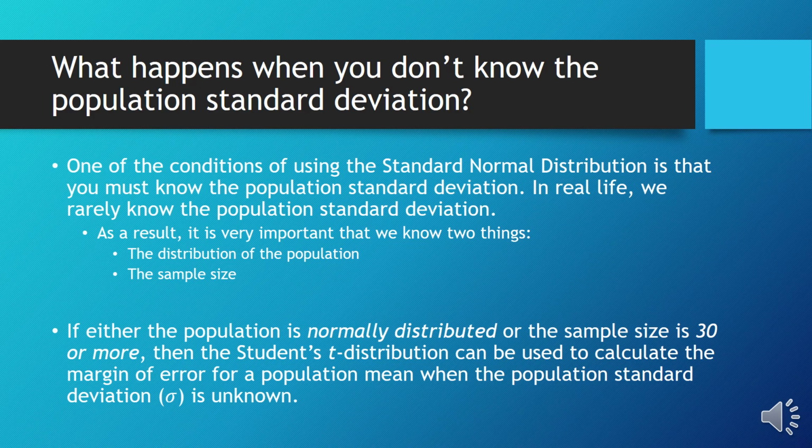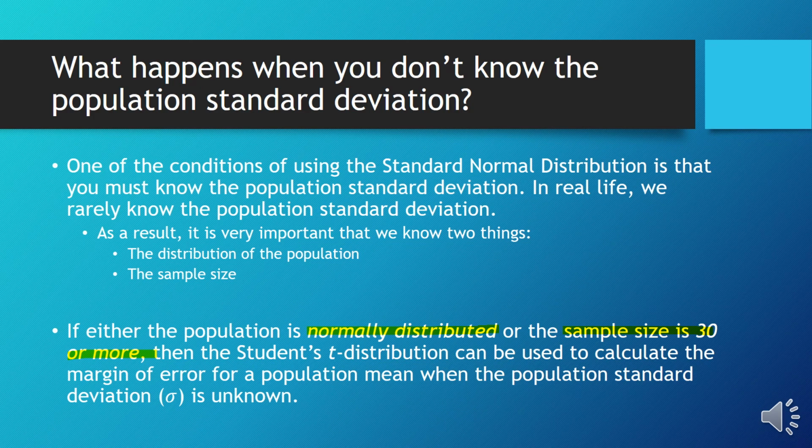Okay, so I just want to point out that the condition here is you either have to have a population that's normally distributed, or you need the sample size to be 30 or more. Typically in the problem, they will either say, assume the population is normally distributed, or you'll notice that the sample size is greater than or equal to 30.